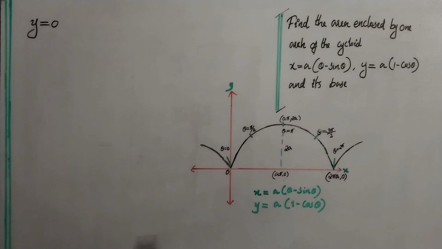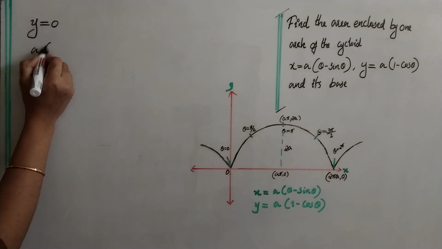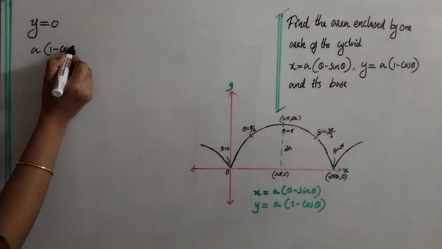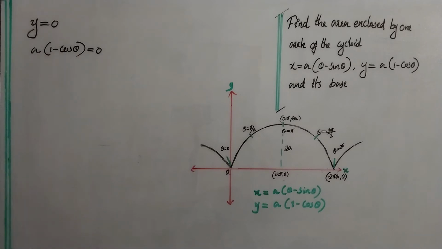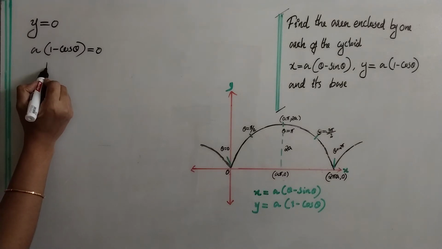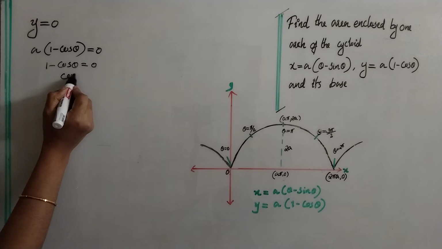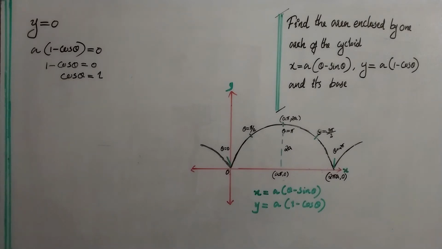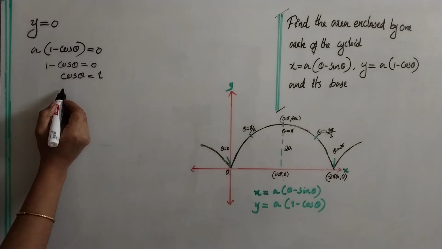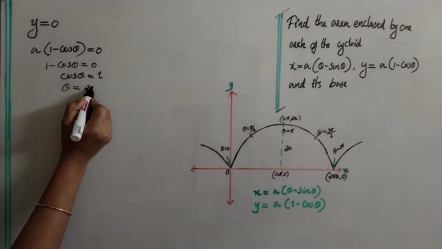This implies what? y equal to 0 implies a into 1 minus cos theta is equal to 0. This implies 1 minus cos theta equal to 0 or cos theta equal to 1 or theta equal to 2n pi.